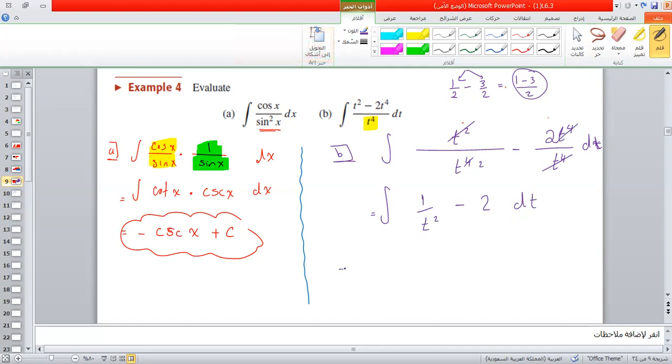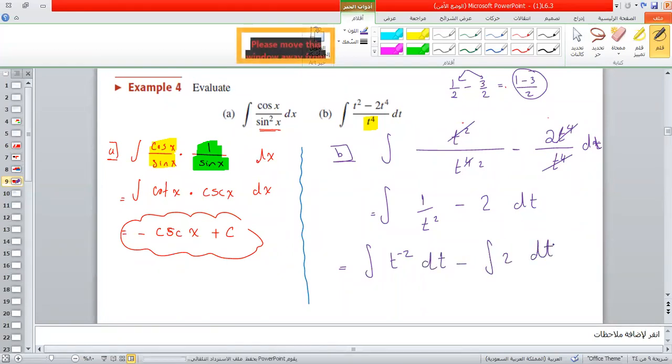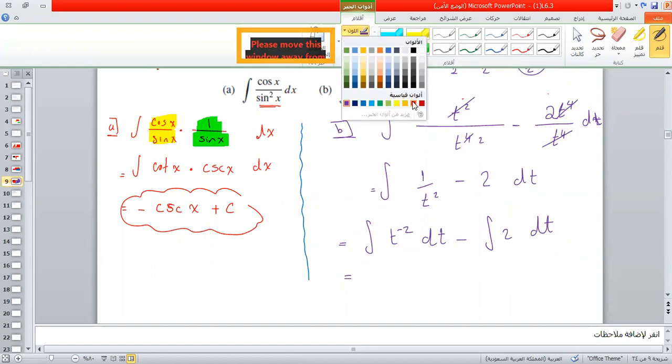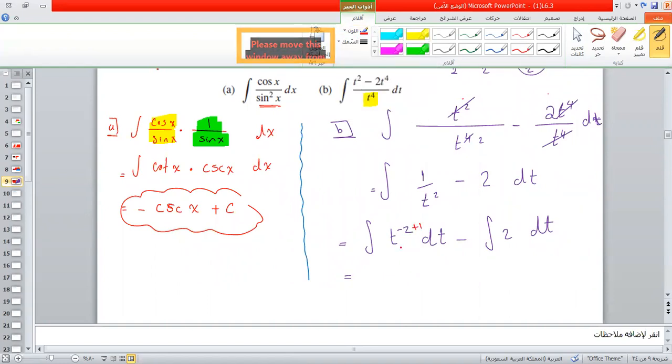The integral of the first part, we write it as the integral of t to the power of negative 2 dt minus the integral of 2 dt. The integral of t to the power of negative 2 dt: add 1 to the exponent and divide by the new exponent, negative 2 plus 1.